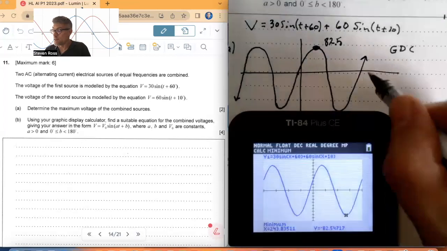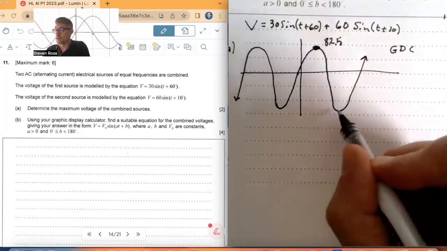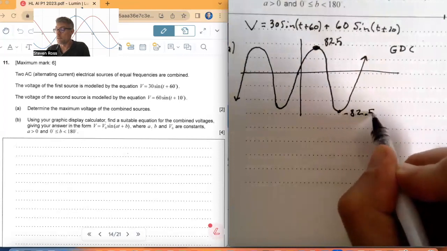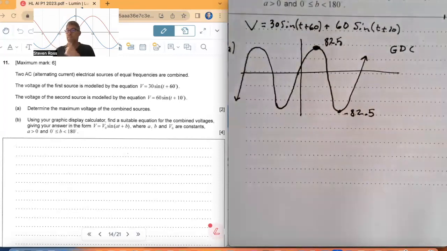And it's negative 82.5. All right, so it looks very symmetric, negative 82.5. And that can, of course, speak to the amplitude of this sine function.